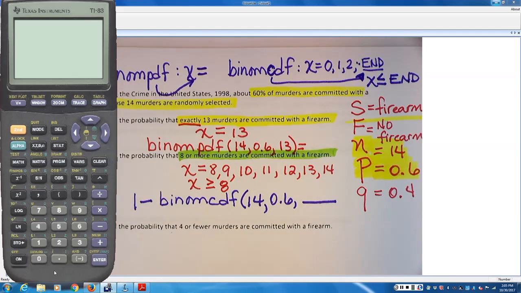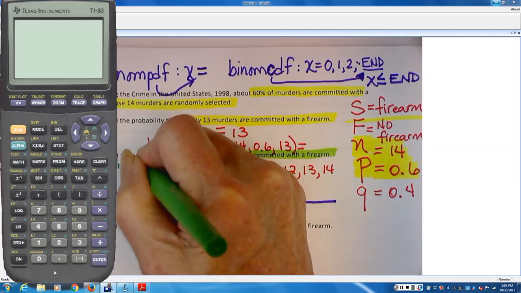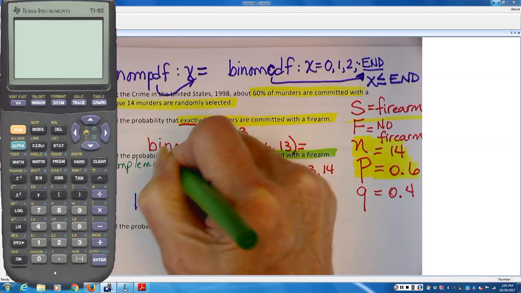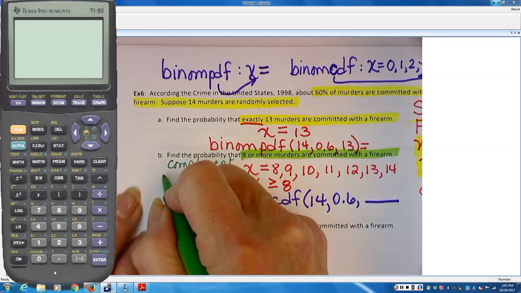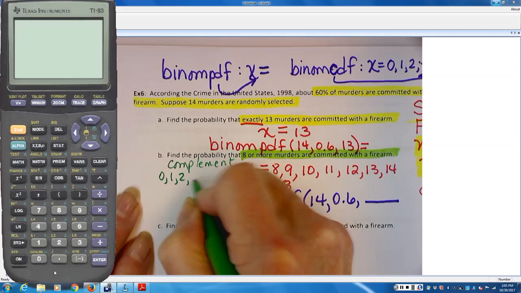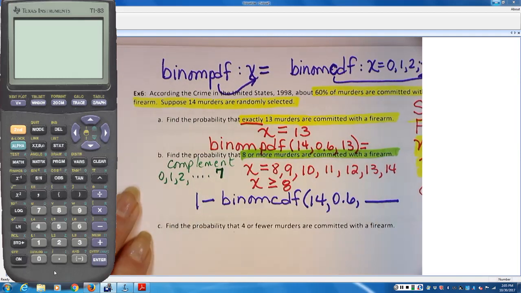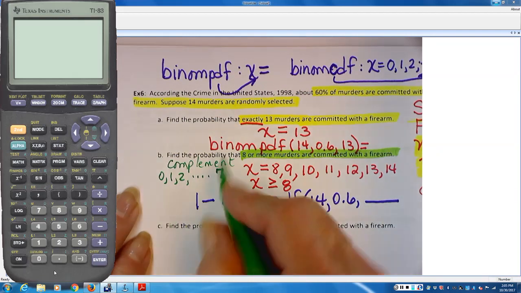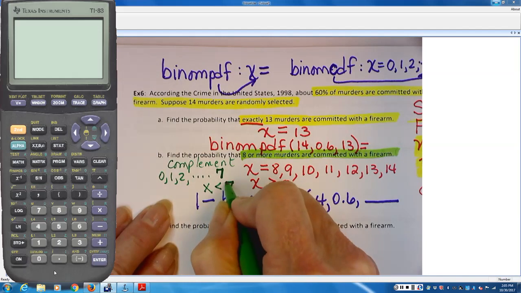The complement is 0, 1, 2, up to and including 7. Not these. This is the complement. The complement is x less than or equal to 7.